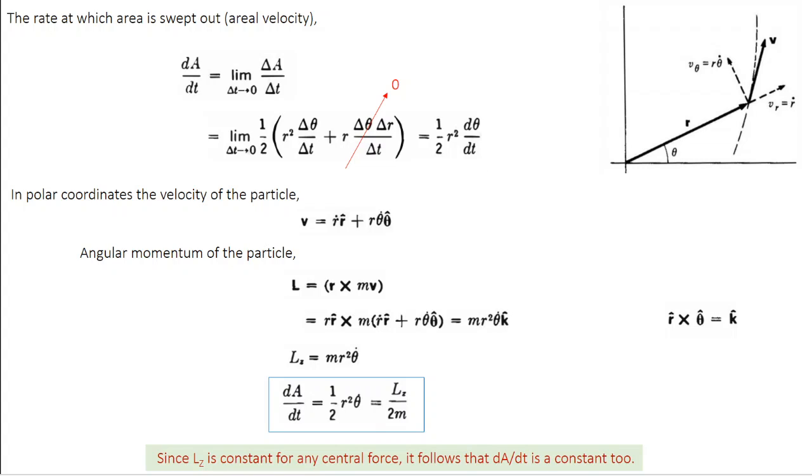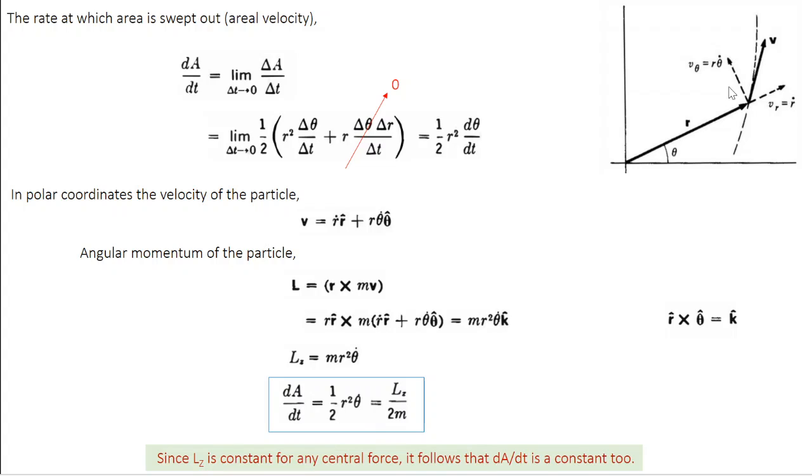Since we are talking about angular motion, everything is specified in terms of polar coordinates. So let's also define the velocity of the particle in terms of the polar coordinates. We have done this exercise in chapter 1. We know that we have two coordinates, r and theta. Consequently, we have two components for the velocity. Radial component Vr, which is nothing but r dot or dr by dt.